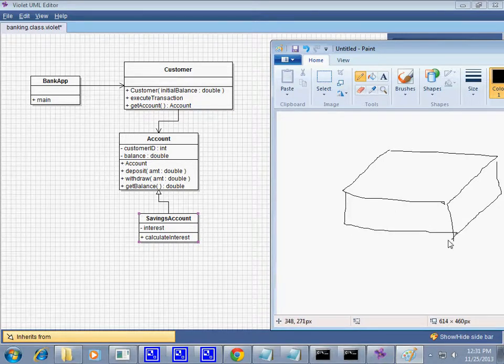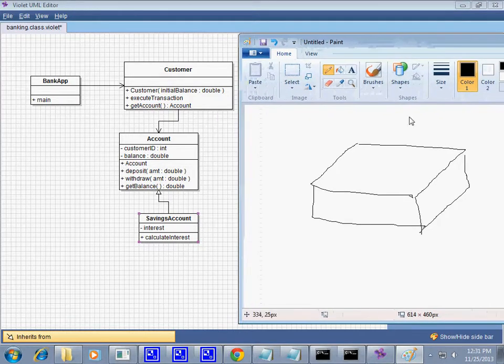So the actual physical object in memory, if I go back to my way of displaying those objects in memory using those 3D shaped boxes, then make no mistake that the account from which savings account derives is actually part of it. So somewhere here, this little portion inside this box is the account, and all attributes that come from the account are inherited and physically exist within the savings account, right?